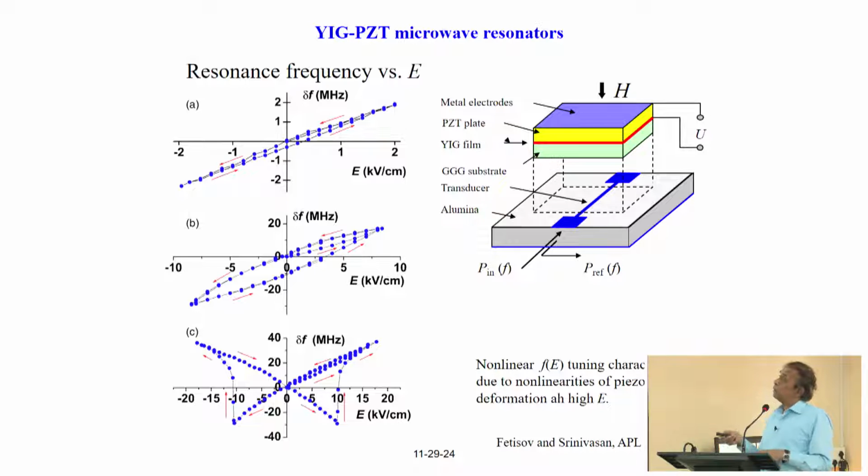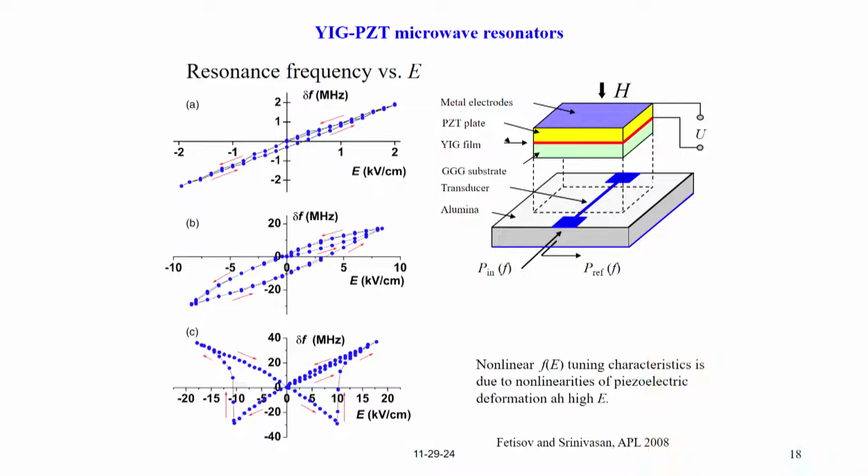And okay, so this is the same device. What is shown here is the tuning over a very small electric field range, which is rather linear. So you want a linear response for tuning if at all possible, but if you want to have it, then the electric field range is rather limited.